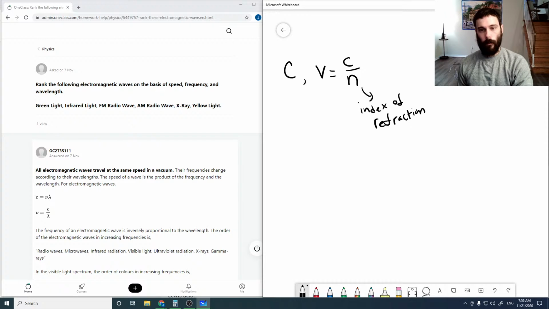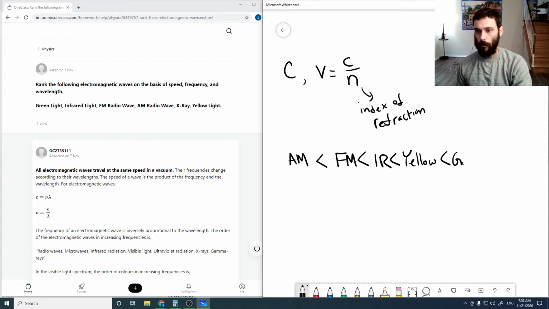Frequency, our electromagnetic spectrum is, so AM radio is our lowest. AM radio is our lowest, FM radio is the next, IR, and then yellow, green, and then X-ray, because X-ray is way out.